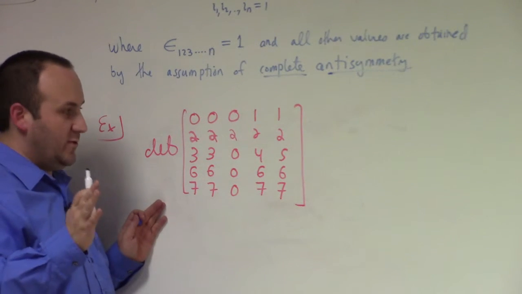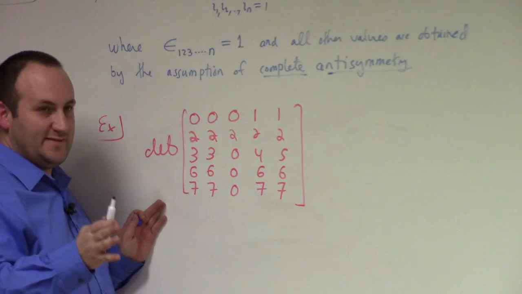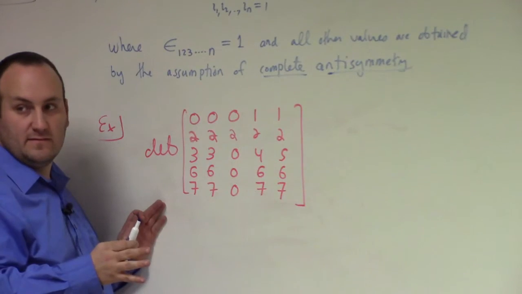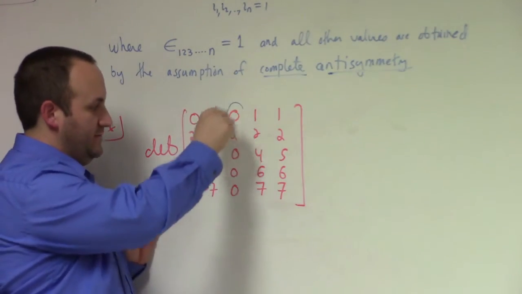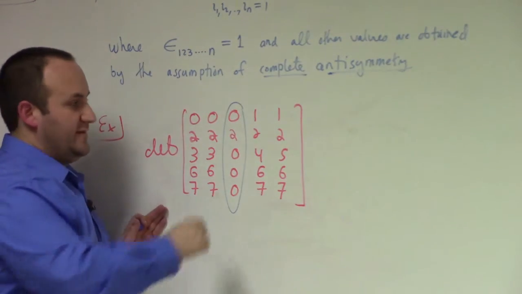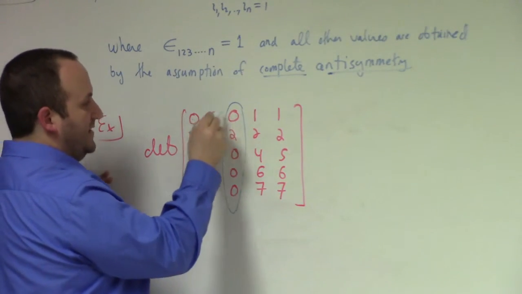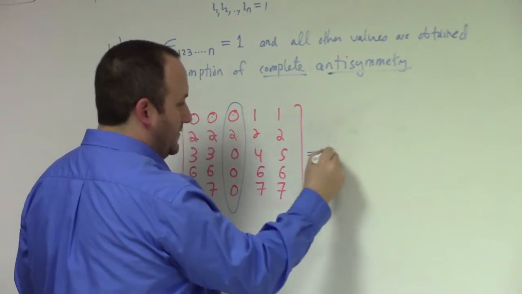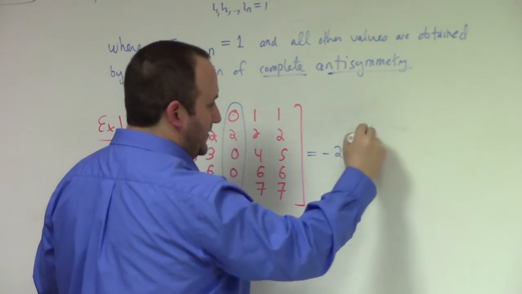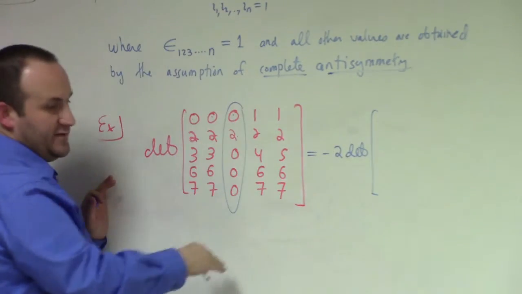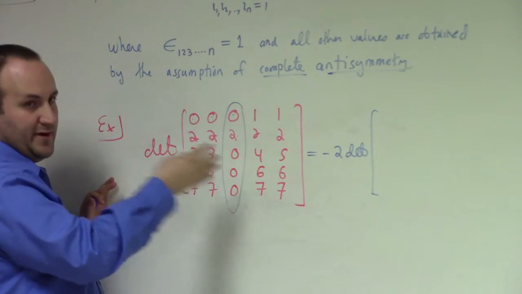But so here, clearly, one column stands out to me as the clear choice of where we should expand. This one. Because I have mostly zeros. So here's the deal. I go plus, minus, so I get minus 2. And then I have to do the determinant. By the way, everything else is 0. So this is the only one I have to worry about. I don't have to add anything else.